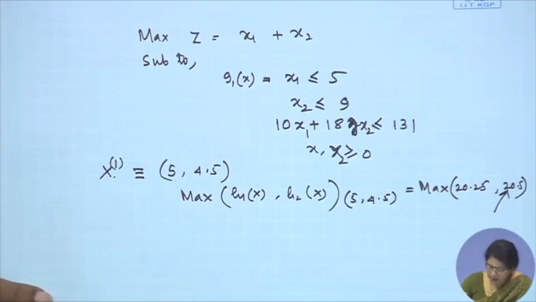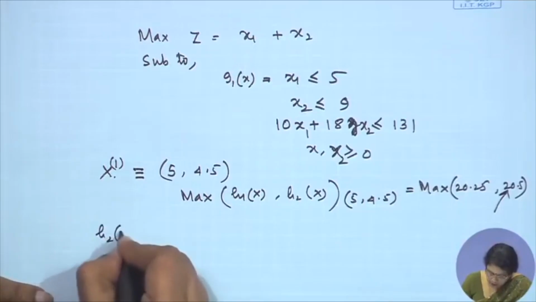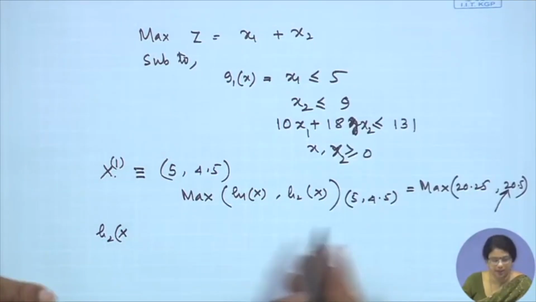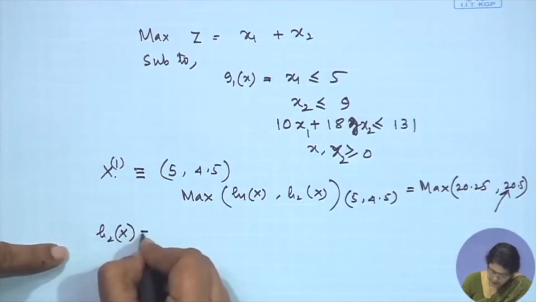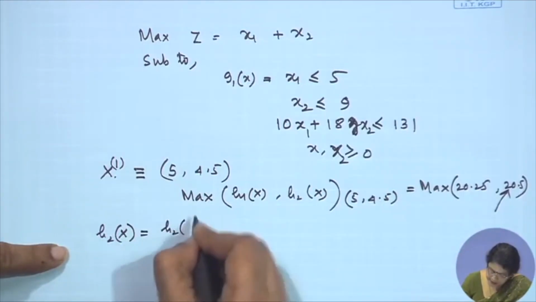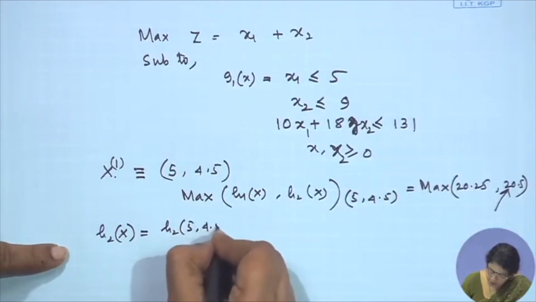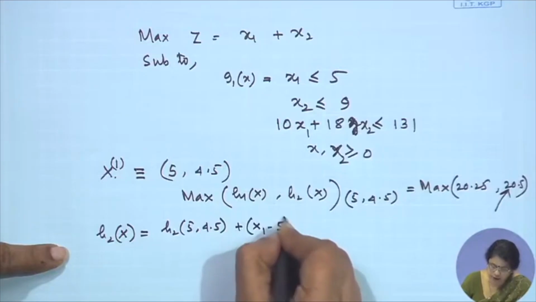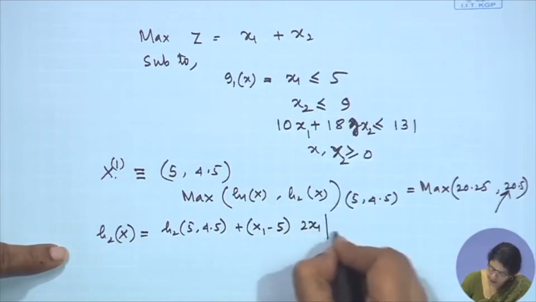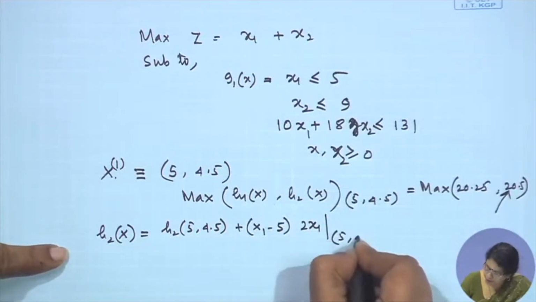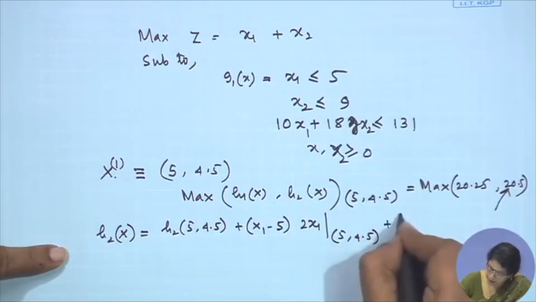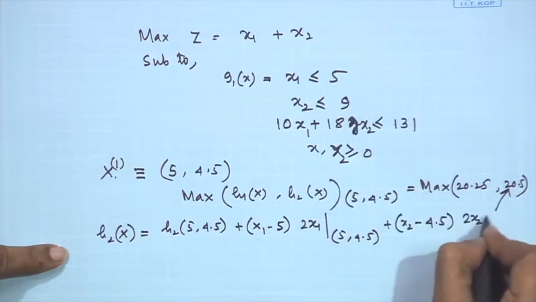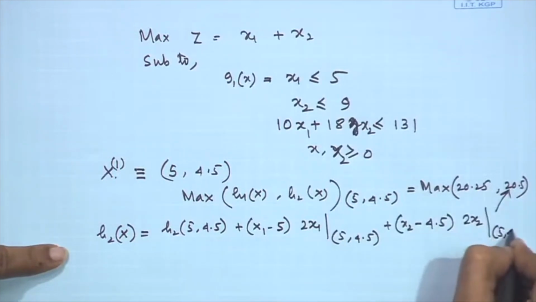So again we will expand h2 at point (5, 4.5). h2(x) will be written as h2(5, 4.5) plus (x1 minus 5) times 2x1 at (5, 4.5) plus (x2 minus 4.5) times 2x2 at (5, 4.5).